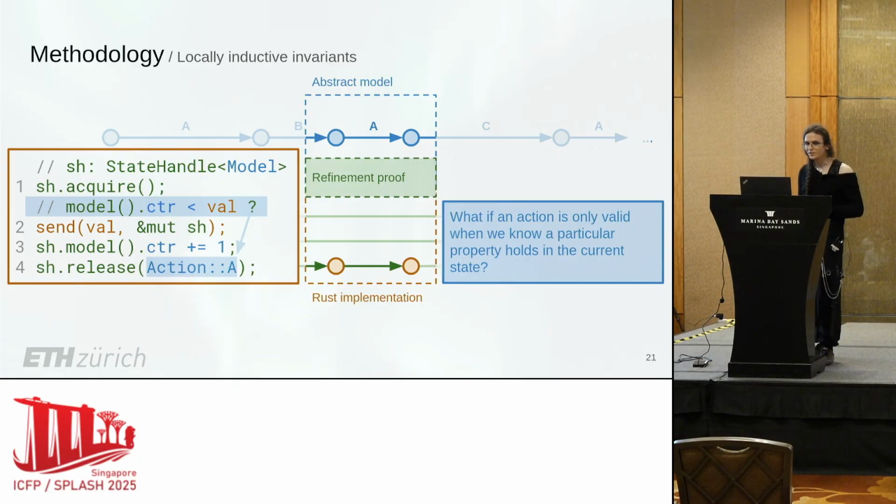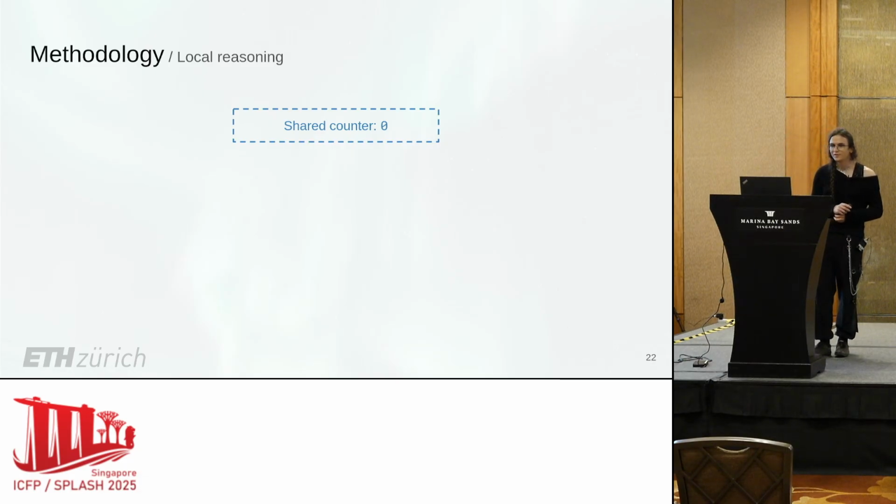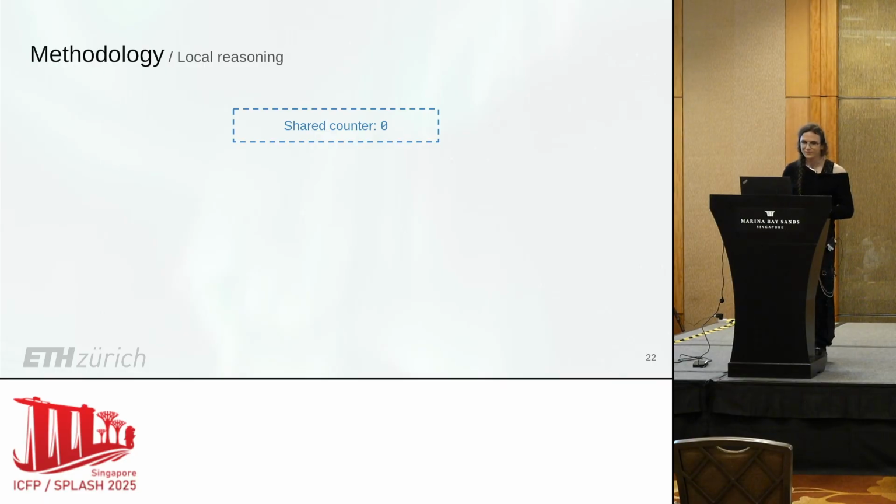And so the way we solve this issue is with something we call local reasoning or locally inductive invariants. So let me motivate this with a very simple example. So imagine you have a shared counter which starts at 0, and it can be reset back to 0 or incremented by 1.